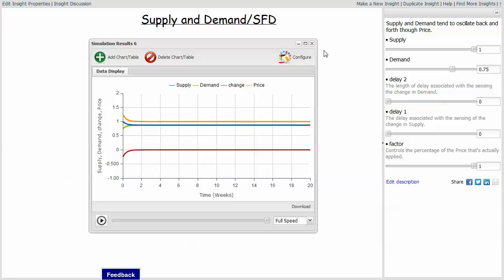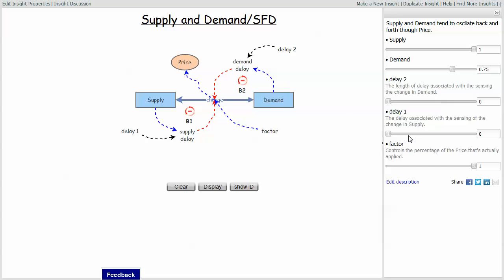And as we continue to look at the effects, now suppose that I introduce a delay into this model and say that the time that it takes for the change in supply to be recognized in this equation is delayed by 50%, and I go ahead and run this again.